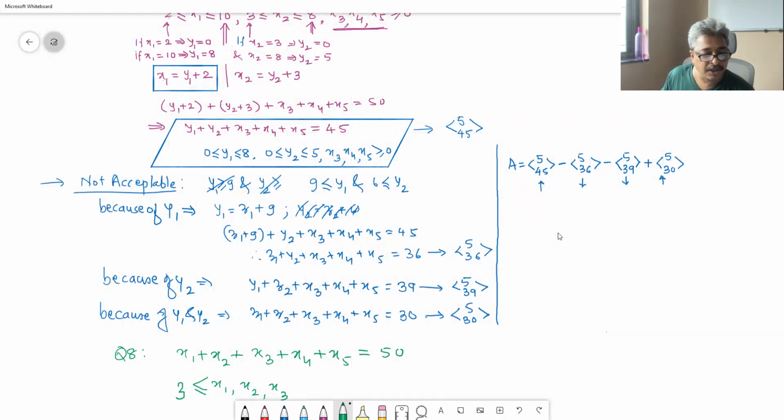Earlier it was 3 somewhere, so let me change it to 1. 1 less than or equal to 7. x4 should be, sorry, 5 less than or equal to x4. And 0 less than or equal to x5.